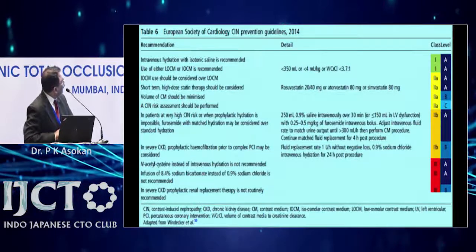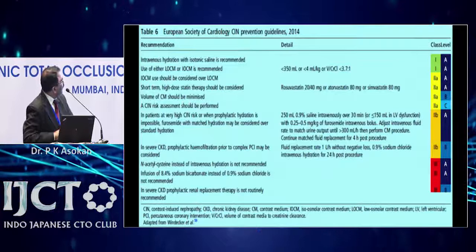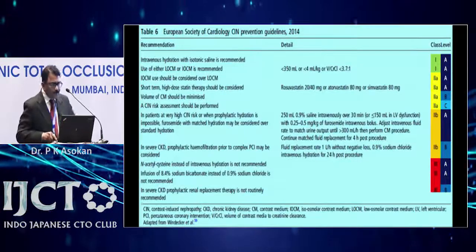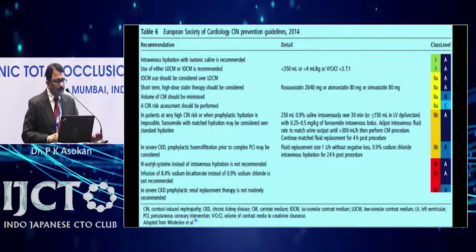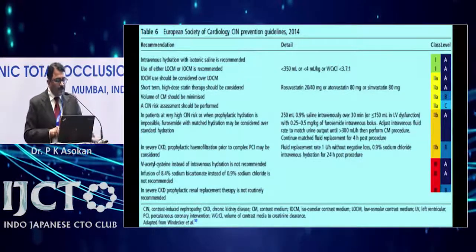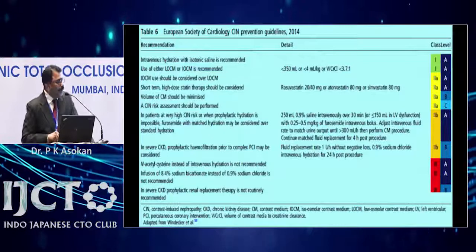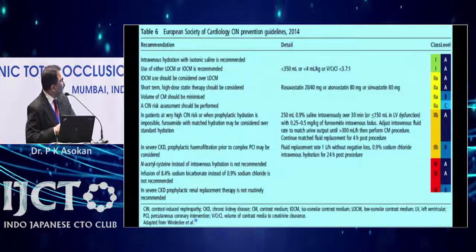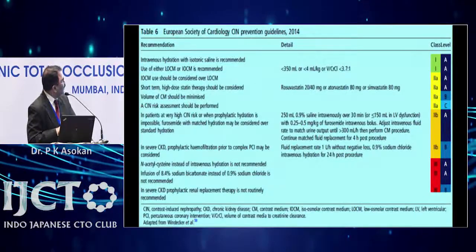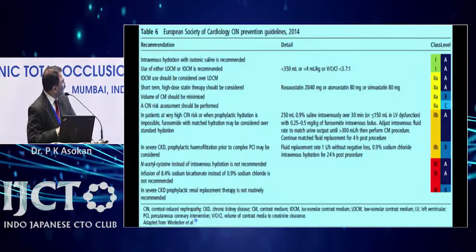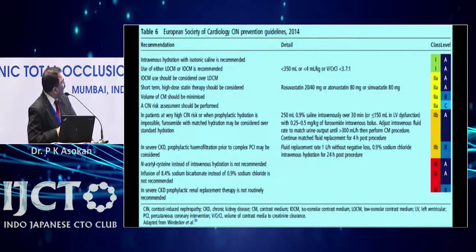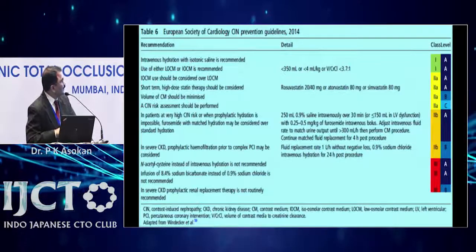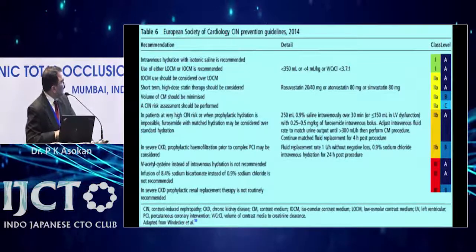If you use a high dose statin, or the volume should be minimized, or rosuvastatin can be given at high dose, class 2A. And in patients with higher risk of injury, when prophylactic hydration is impossible, you can use furosemide along with hydration. If the patient has LV dysfunction or CCF, in this situation we can give furosemide. Or if urine output is less, then in that situation you have to give hemofiltration prior to the procedure, and that's a class 2B.